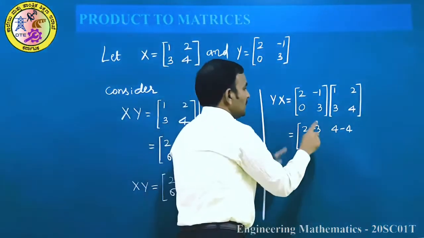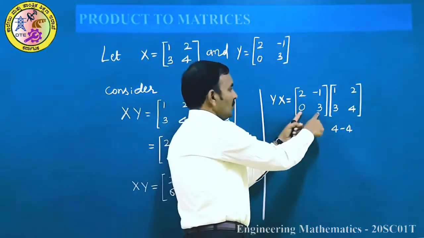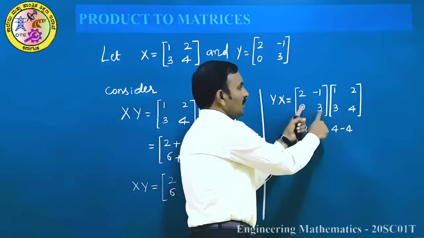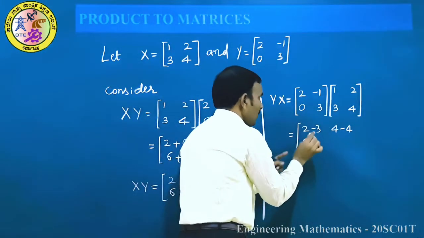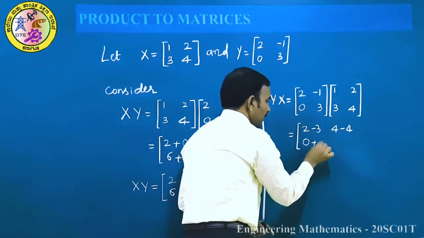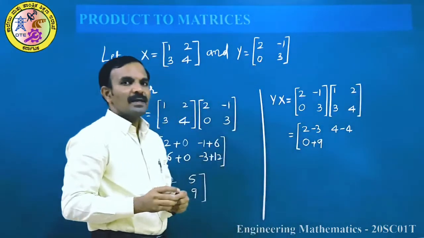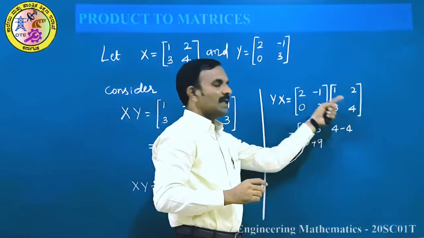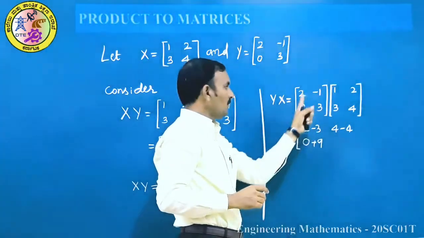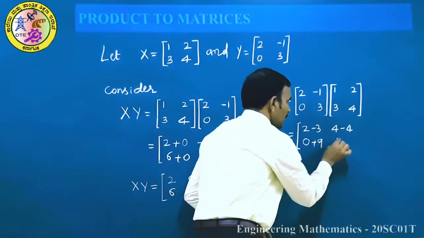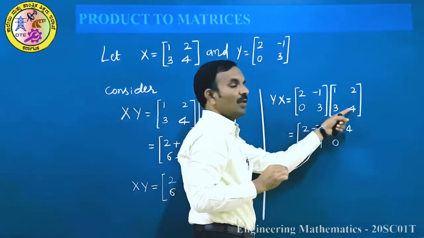Next, second row, first column: 0 into 1 is 0, 3 into 3 is 9, so 0 plus 9. Second row, second column: 0 into 2 is 0, 3 into 4 is 12, so 0 plus 12.